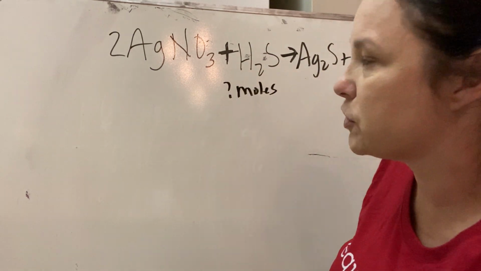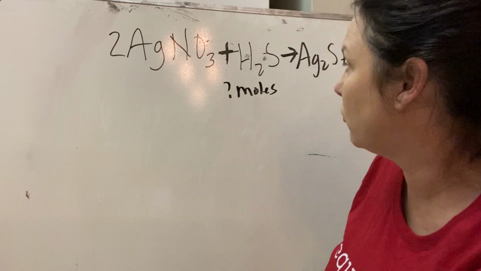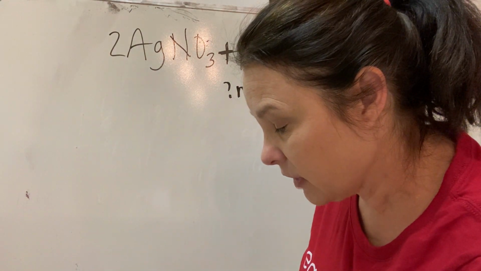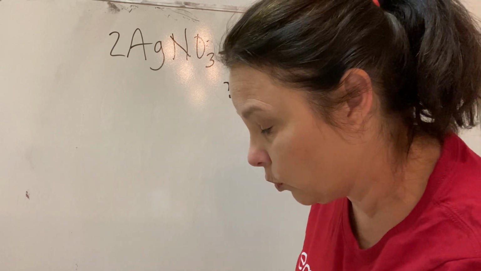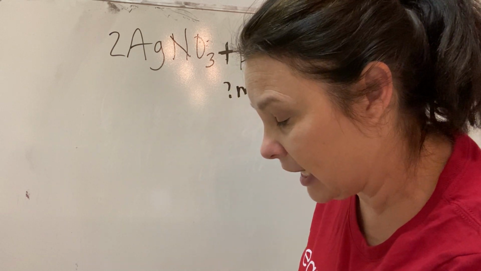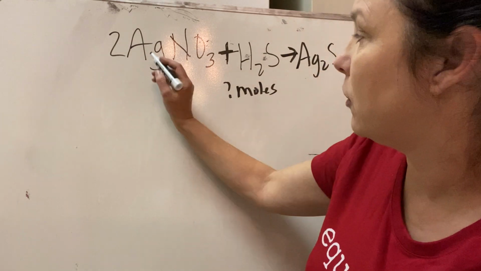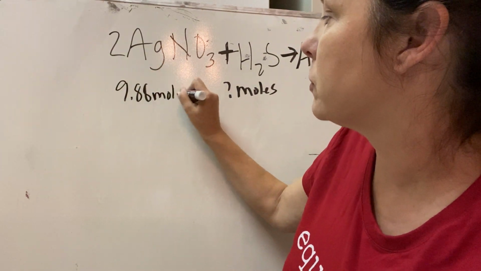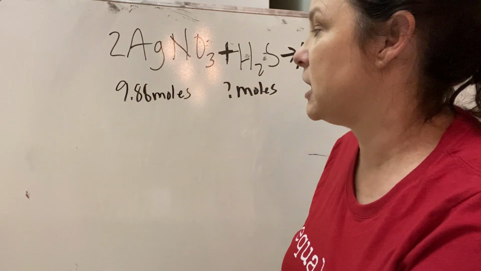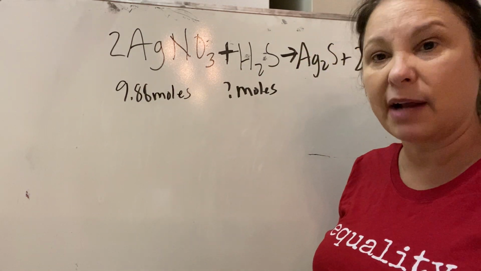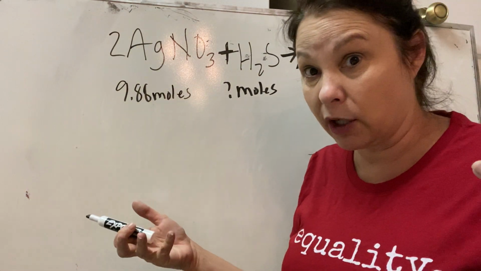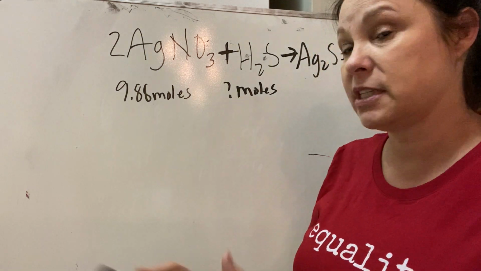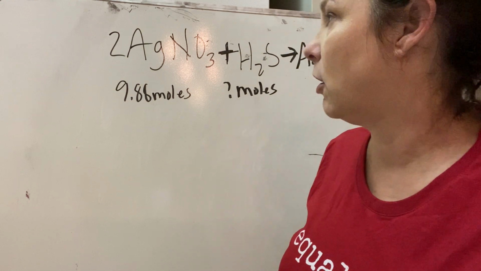So I'm going to put a question mark there so we know that we are solving for the moles of that, and that will react with 9.88 moles of the AgNO3. I'm doing it this way instead of writing the whole problem down for you. You've got it on your study guide, so there's no reason for me to write it all down.